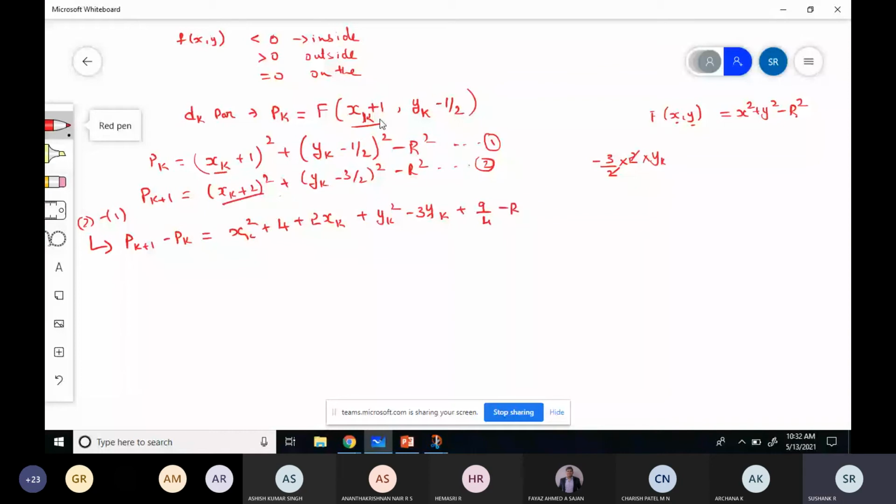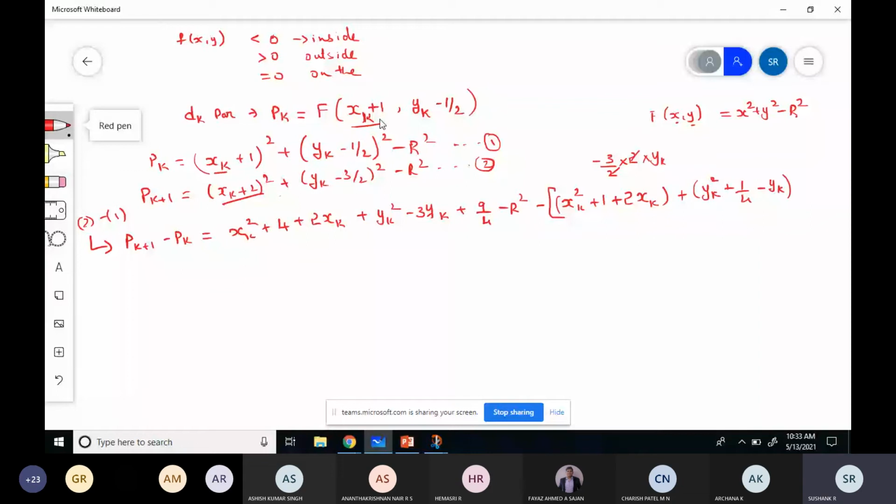So a square is xk square, plus b square is 1, plus 2ab; the second term is yk square plus b square is 1 by 4, minus 2ab, half into 2, will be 1 yk, minus r square.